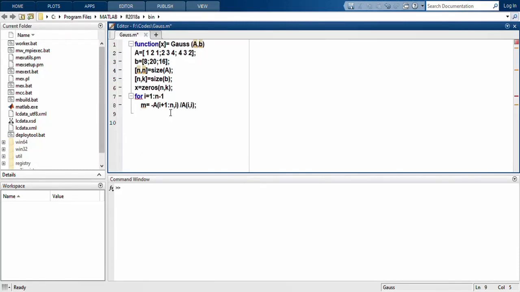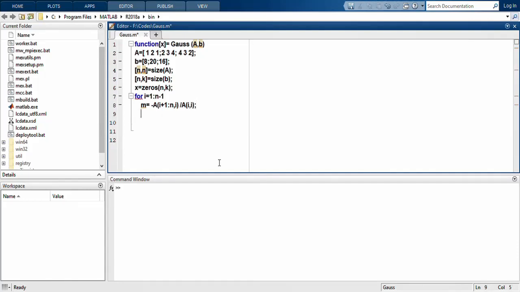So m in the third row for making it 0 is 4. So m is the generalized version of the coefficient that makes it 0. I will tell you, if I remove the semicolon, then it will display those factors, the 0 factors for this.